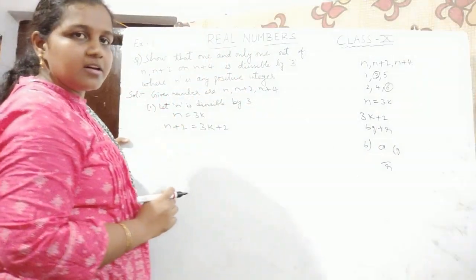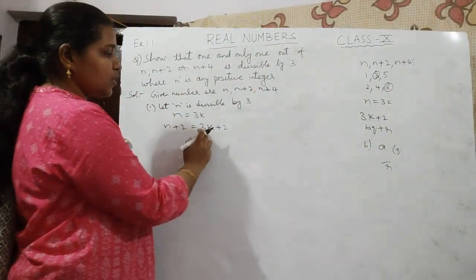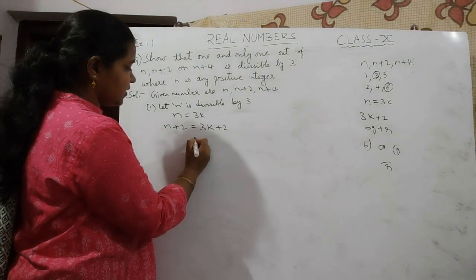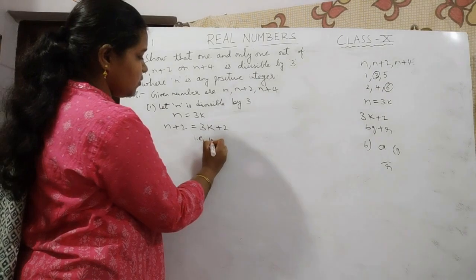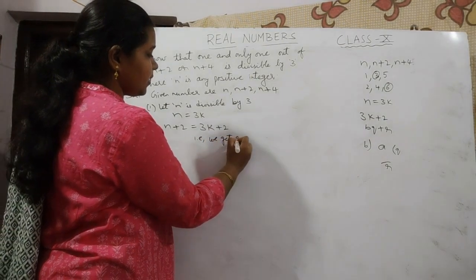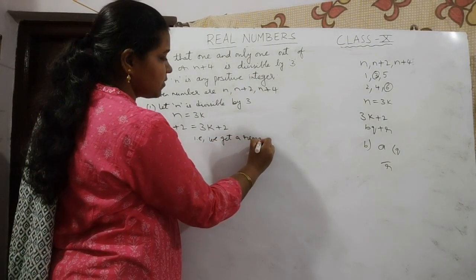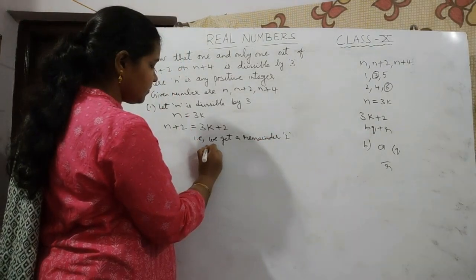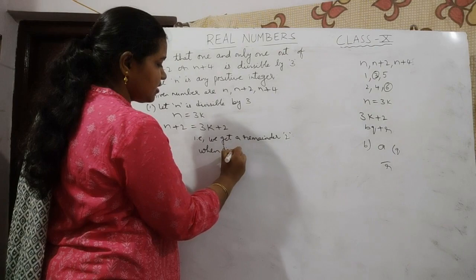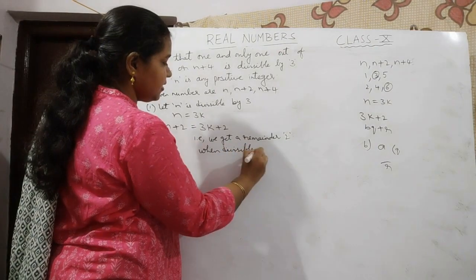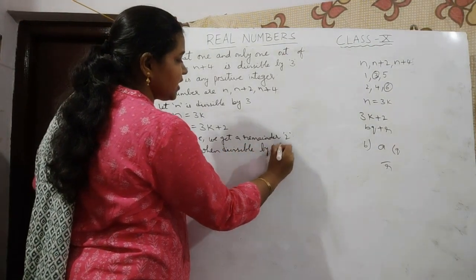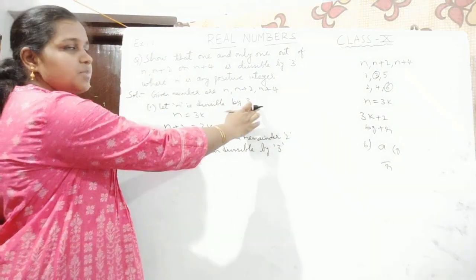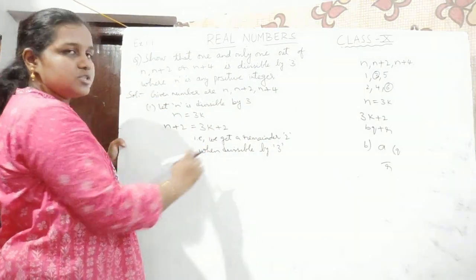So n plus 2 is not divisible. n plus 2 is equal to 3k plus 2, that is, we get a remainder 2 when divided by 3, so clearly n plus 2 is not divisible. Here n is divisible by 3, n plus 2 is not divisible.